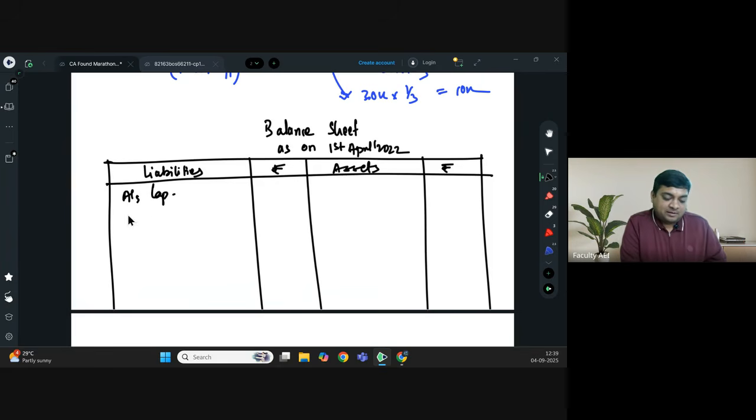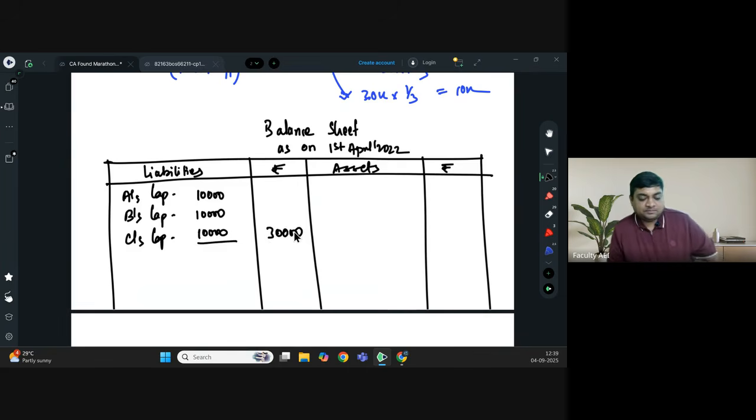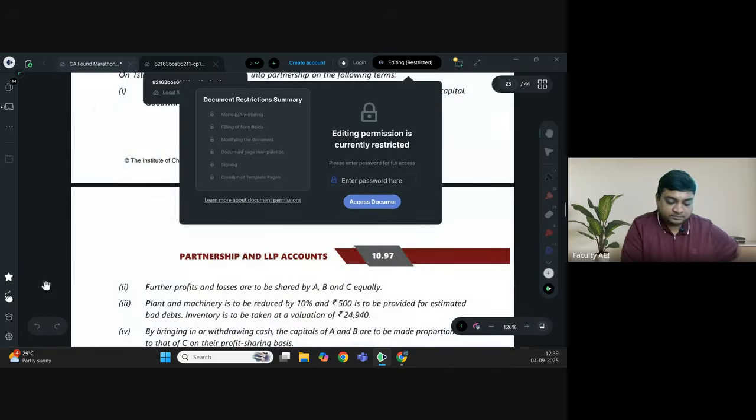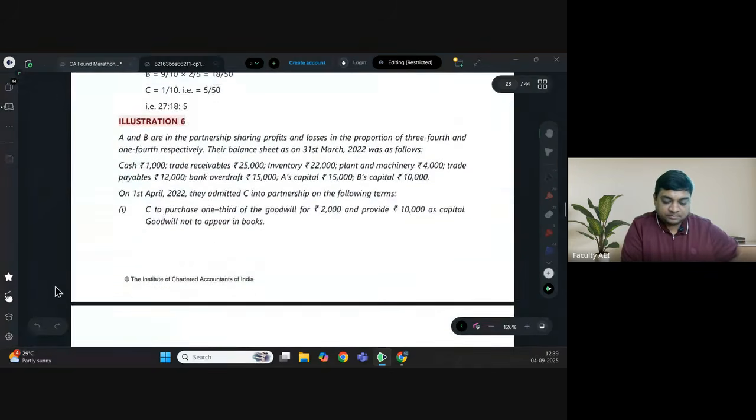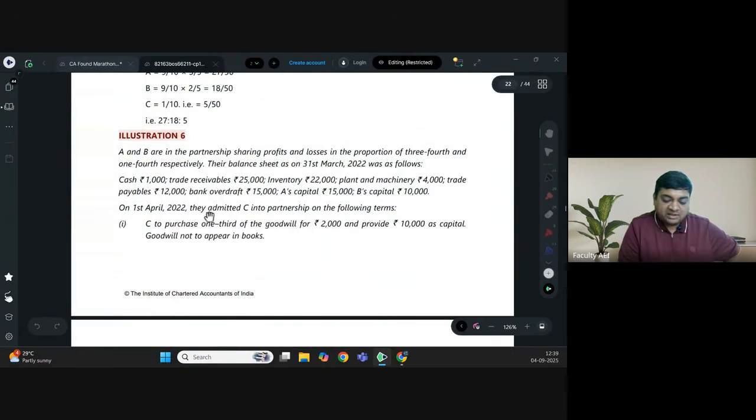A's capital, B's capital, C's capital: 10,000, 10,000, 10,000. 30,000. We have bank OD 15,000.